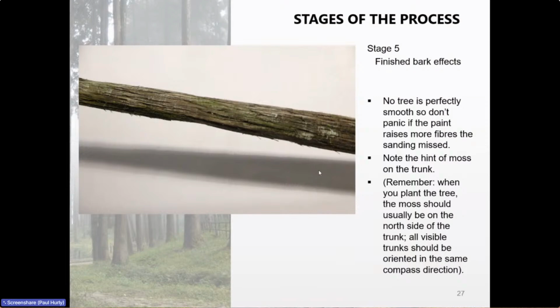Remember, when you plant a tree, the moss is usually at the north side of the tree. Now we're going to stand there with a compass and find out which is the north side of our layout. You just want to put it on in the front of your layout and show that moss that's on the tree, because people walking by will notice it. And of course, for those who may be listening from the southern hemisphere, it's the opposite.